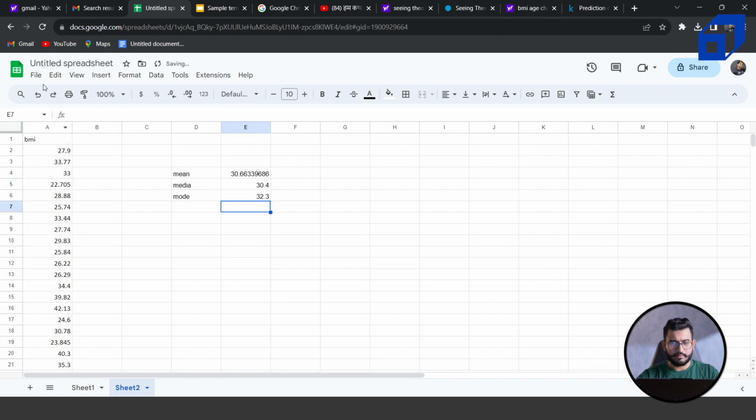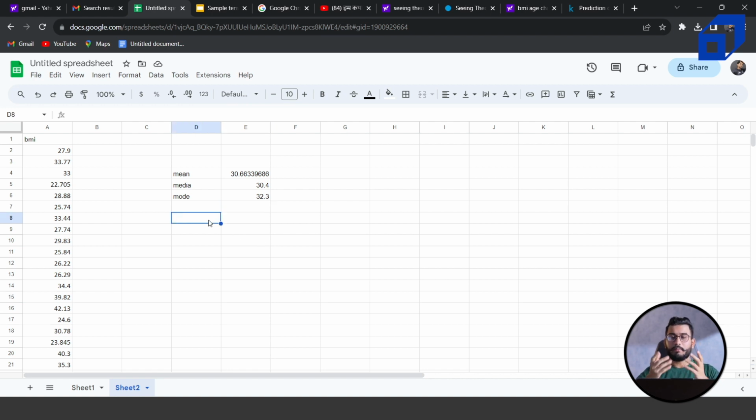And here we have, so now you can see that mean is 30.6, median is 30.4, mode is 32.3. These values are approximately close to each other, not exactly same. So first impression about this distribution is that it is not standard normal distribution, but it's something close to standard, right? But how much close? Let's try to understand that.